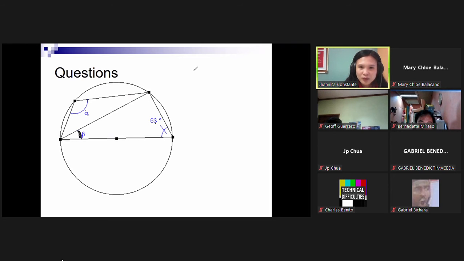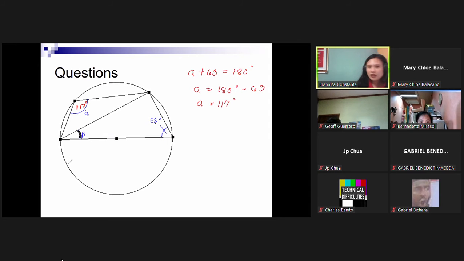Let's solve first for A. A plus 63 degrees is equal to 180 degrees. So A equals 180 degrees minus 63. So angle A has a measurement of 117 degrees. So let's solve for the angle B.